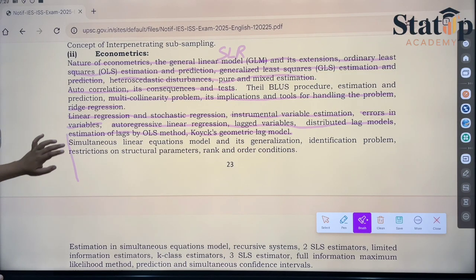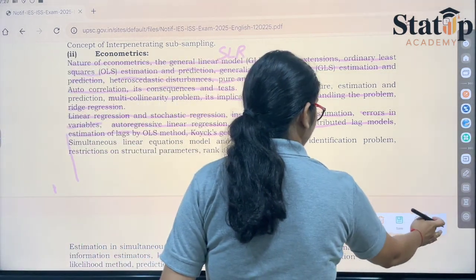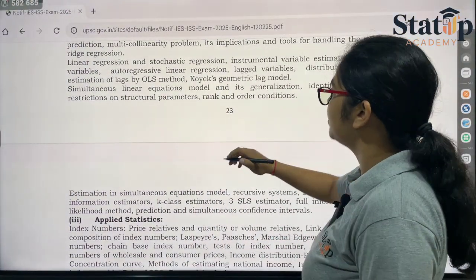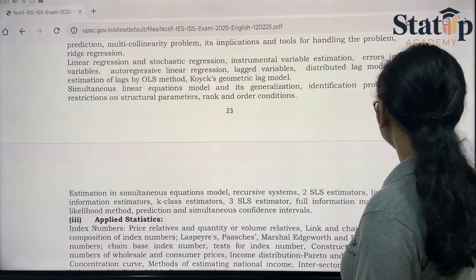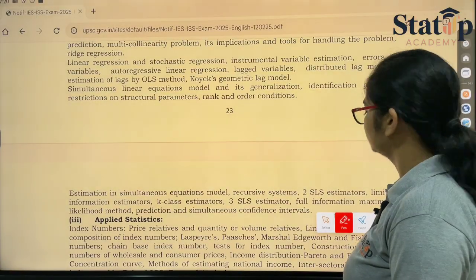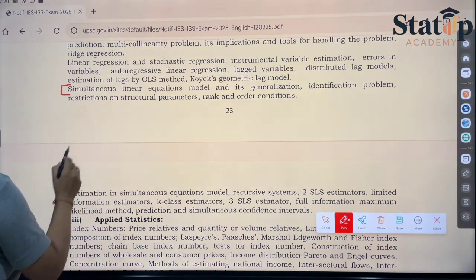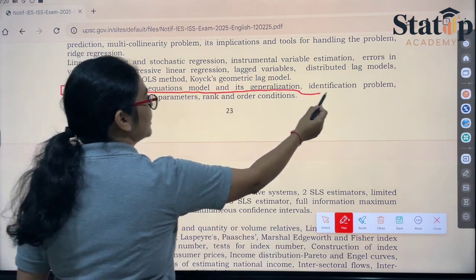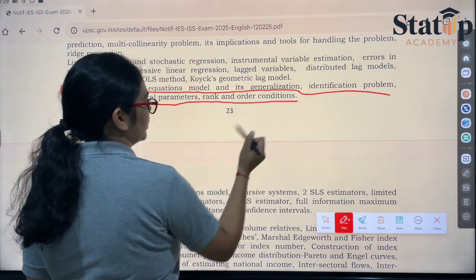And we are only left with the simultaneous linear equation model. From here, simultaneous linear equation model and its generalization, identification problem, restriction on structural parameters, rank and order conditions.